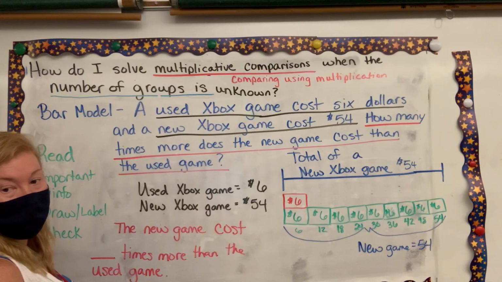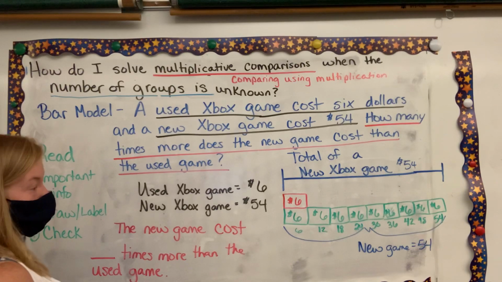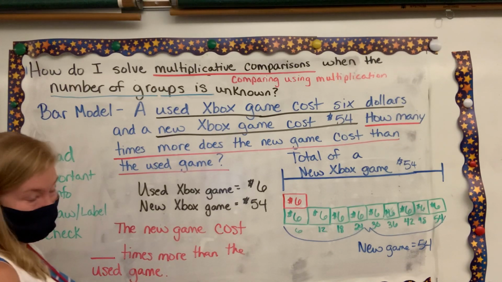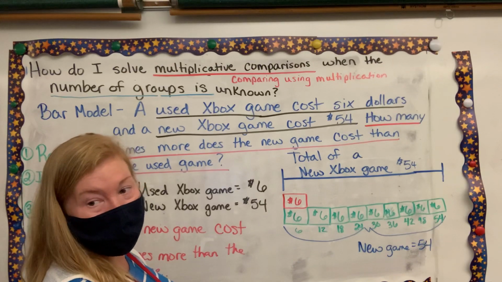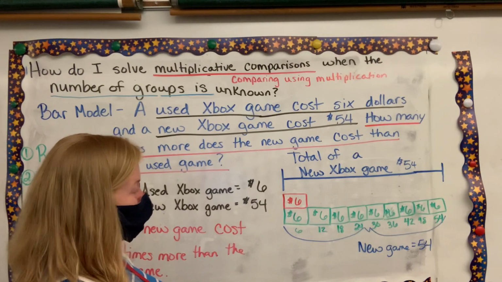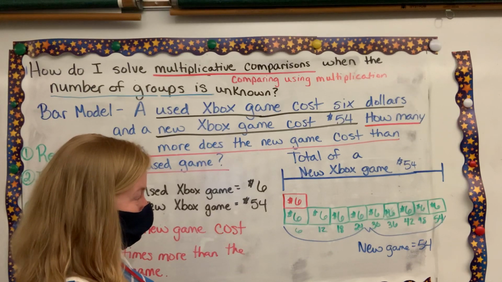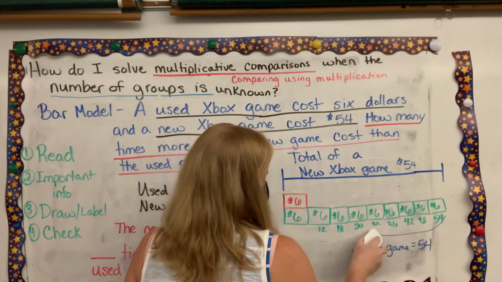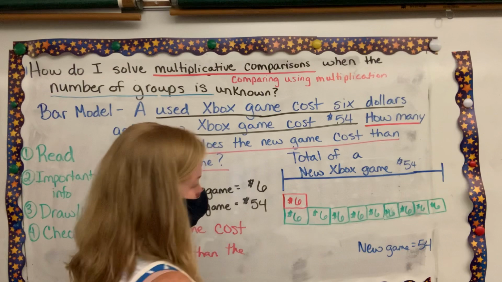Okay, so since 6 times 9 is 54, so then, how many times, the buddy? New Xbox game is I'm trying my best I can here. I'm sorry. You're okay. That's okay, Alden. Let's see if we can have somebody help you.